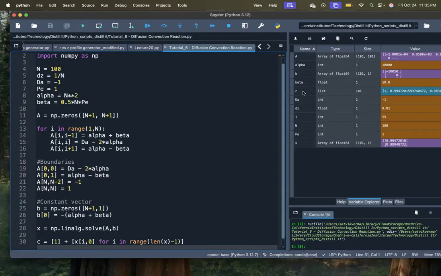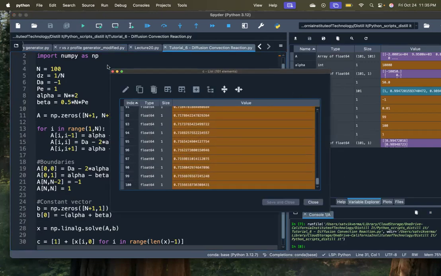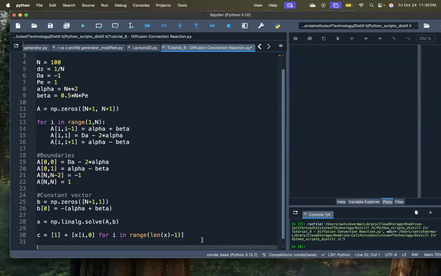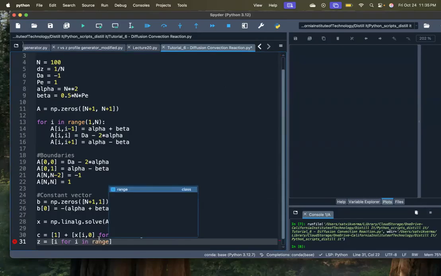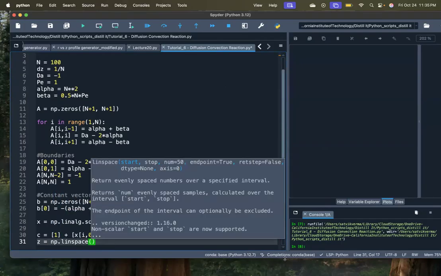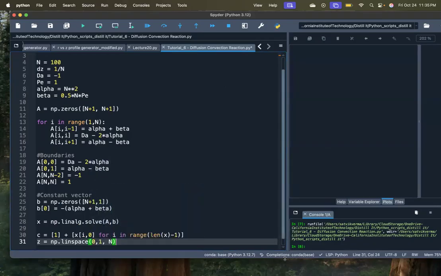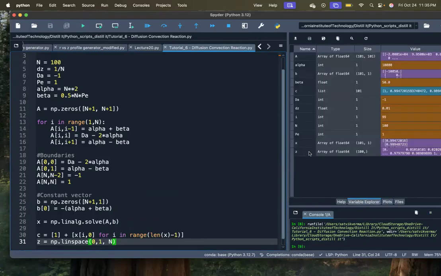And that gives you the concentration array, right? This is the concentration array. And now let's just plot that. So let's also prepare a z array. Let's see, np.linspace, start at 0, stop at 1, and you need n plus 1 points.